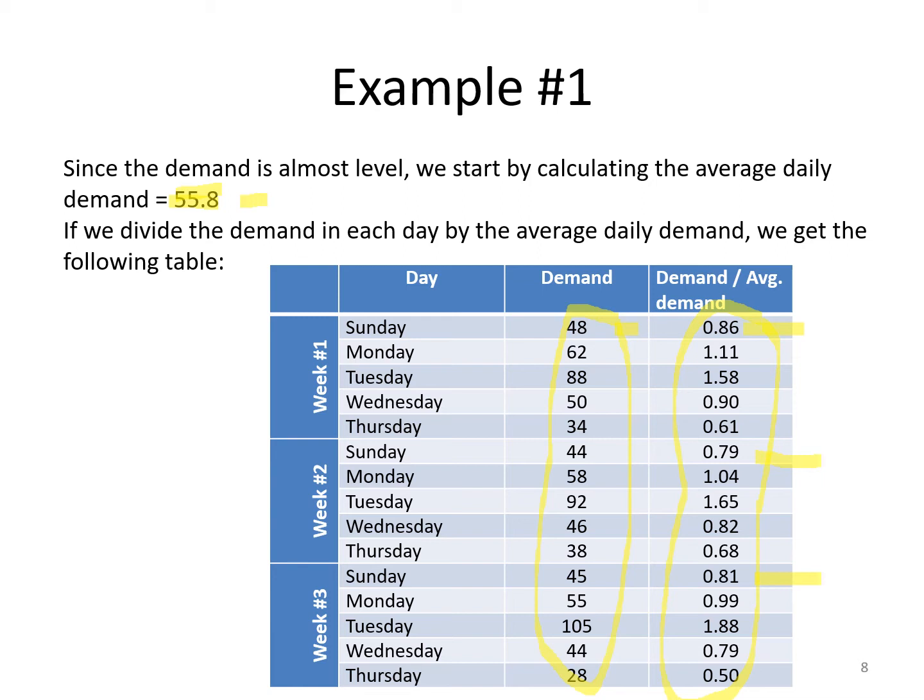So this means I can take the average value for these three values, and this might give us an estimation of the seasonality factor for the day Sunday. And we can, of course, repeat the same thing for the other days of the week.